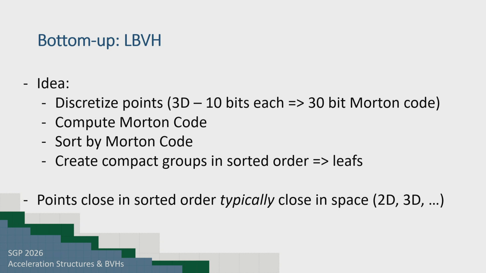So you get a 30-bit Morton code. For each of the discretized points, you compute the Morton code, and then you take the objects and sort them by this Morton code. And now you can start grouping them together along this sorted order.